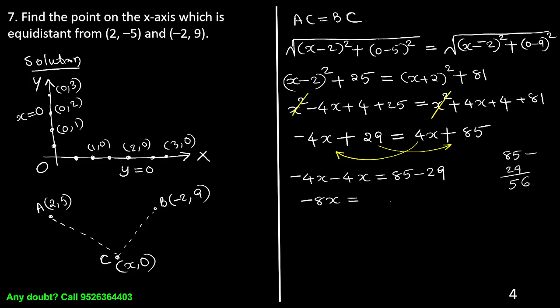It is 56, correct? So x equal to 56 divided by minus 8, it is minus 7. So the point C is (x, 0). Understood? (-7, 0) is the coordinates of C. Okay.